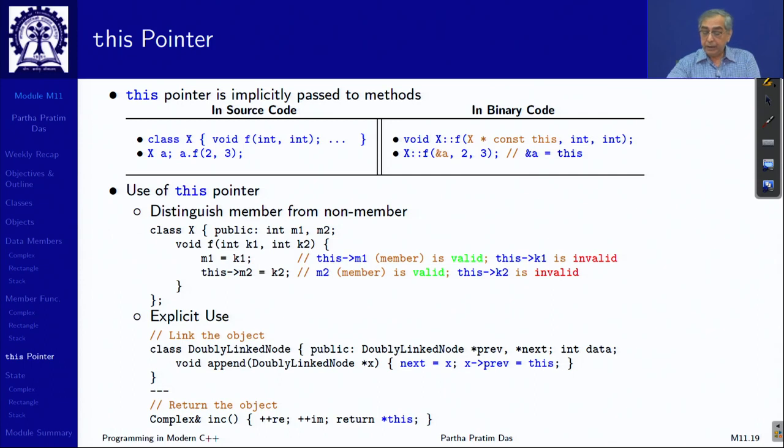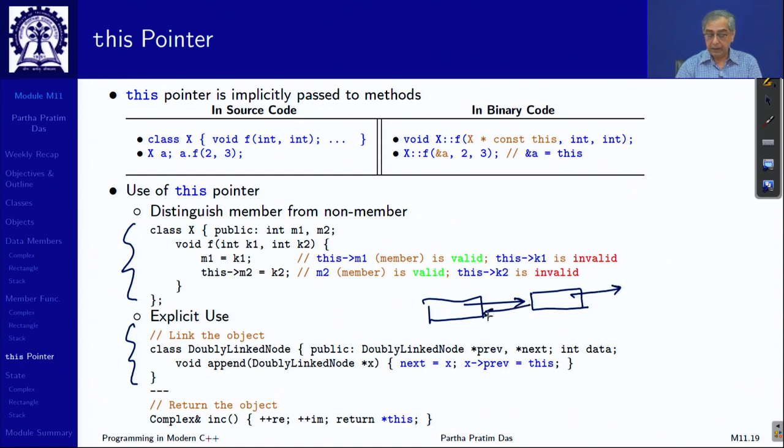So, this pointer can be used to distinguish members from non-members, as you have already seen, and in some cases you really need to use it, because without that it is not possible to write the code. For example, if you are trying to write the code for a doubly linked list like this, then when you are actually at a particular node, you need to set the previous node with its value, with its pointer.